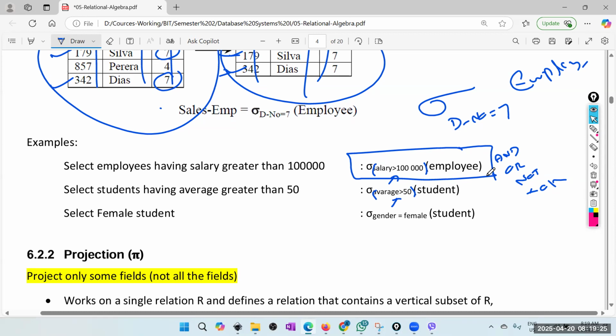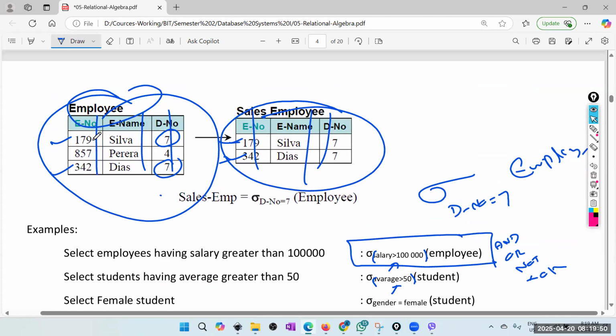You can't fix SQL without first understanding relational algebra. So this is where you need to be very serious, because we can't fix symptoms. We need to fix the root causes. These are the root of writing correct SQL queries. So that is called selection.